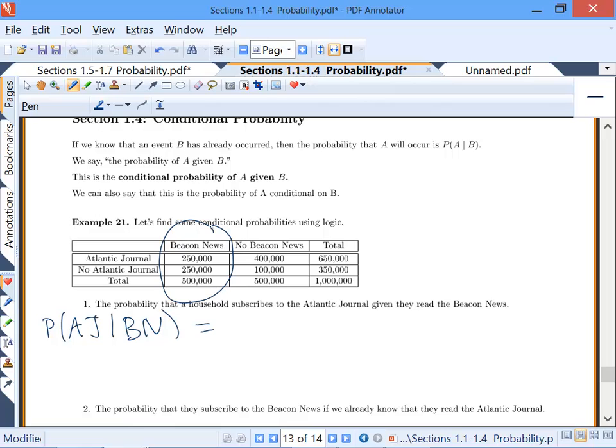What numbers do I actually want here? 250 over what? 500,000. The reason being that if we know that they read the Beacon News, there are only 500,000 people total that read the Beacon News, and of those, 250,000 also read the Atlantic Journal. So this gives me 0.5. So if we know they read the Beacon News, then the probability that they also read the Atlantic Journal is 50%.